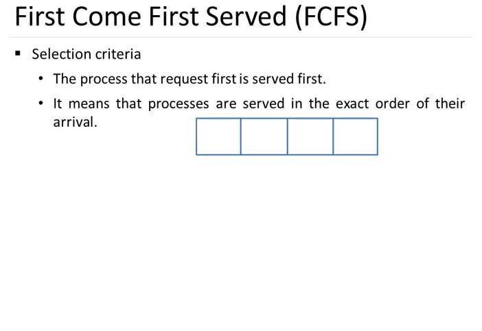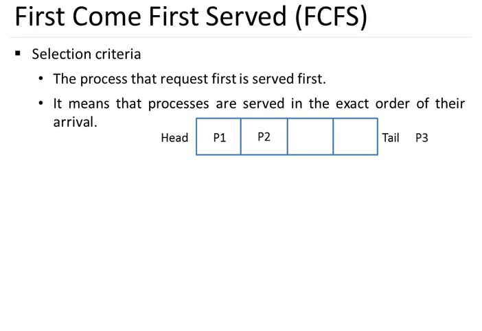Okay, for example, let's assume that we are maintaining here a queue of processes that arrive in the ready state. So this represents the head and this represents the tail, that means front and back. So this P1 arrives first, after that P2 comes, and after that let's say P3 comes in the ready state.